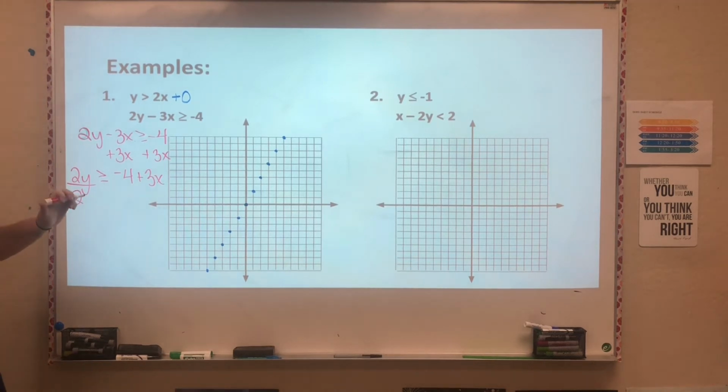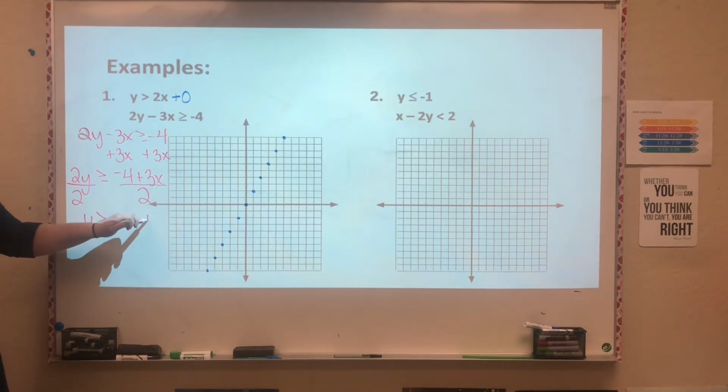And then do you divide the whole side by 2? Yep. And then it's y is greater than or equal to negative 2 plus 1 over 2x.